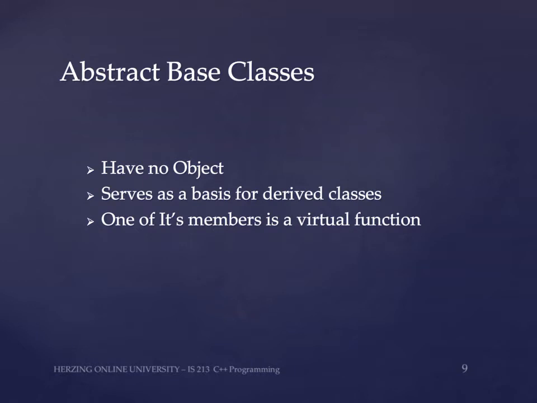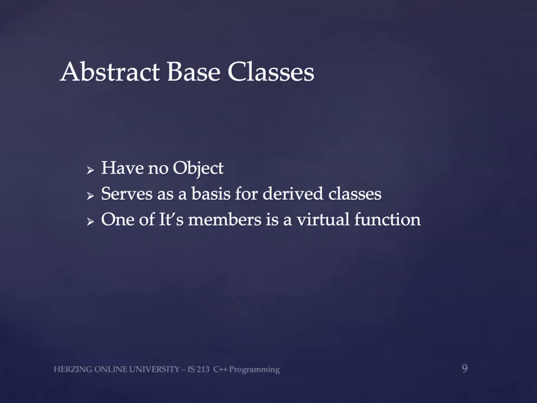Abstract base classes. What is an abstract base class? Basically, an abstract base class is a class that can have no objects. It serves as a basis for derived classes that may or will have objects, and the class becomes an abstract base class when one or more of its member functions is a pure virtual function.